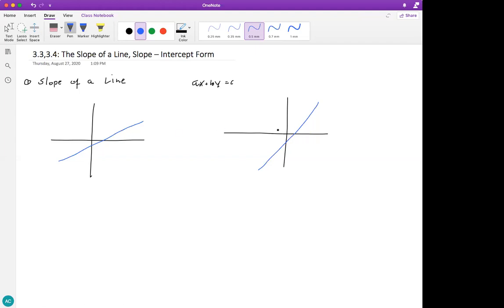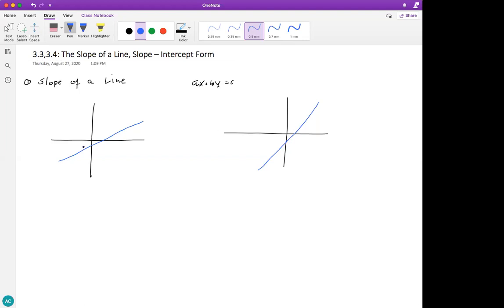If you look at these two lines, one of them is more slanted than the other. This one goes up a little slower, or easier, but this one is much more diagonal, closer to the y-axis. If you think of this as a flight of stairs, for example, you could say this one is a little less to climb as opposed to this one.